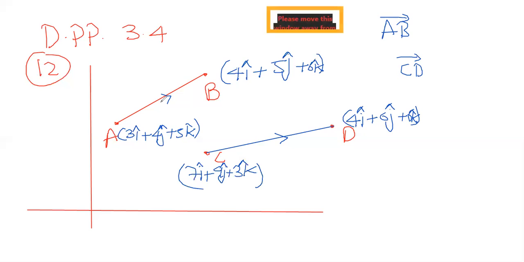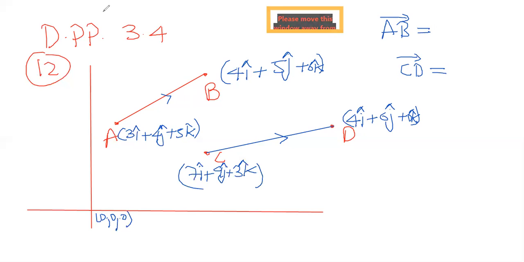Now first, how do you find AB bar? This I will tell you. This is there in mathematics. You learn. Again, I am telling you: there is an origin, right? Origin 0, 0, 0.